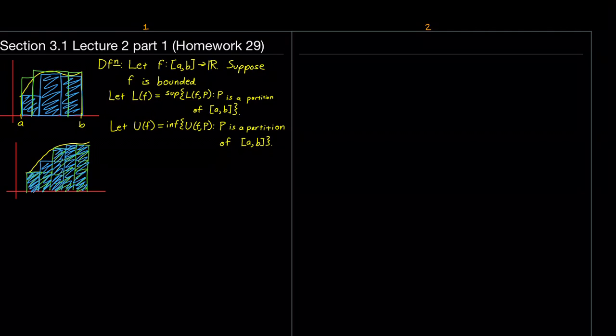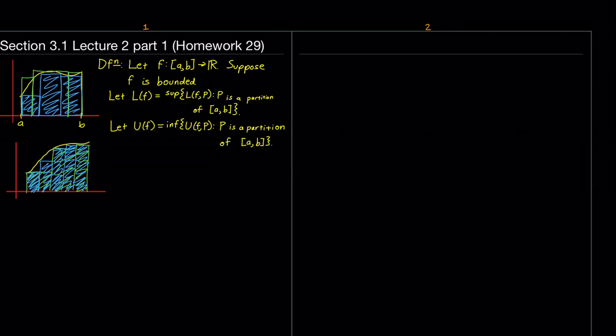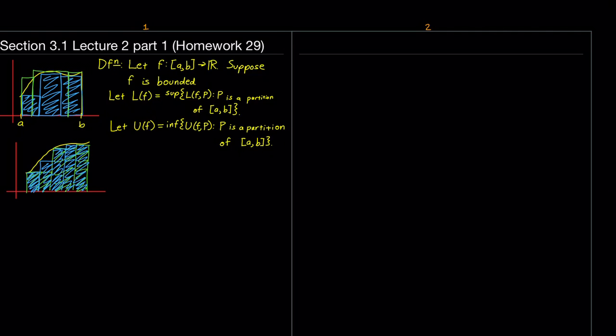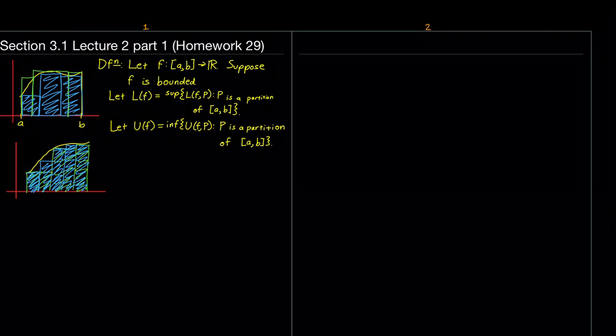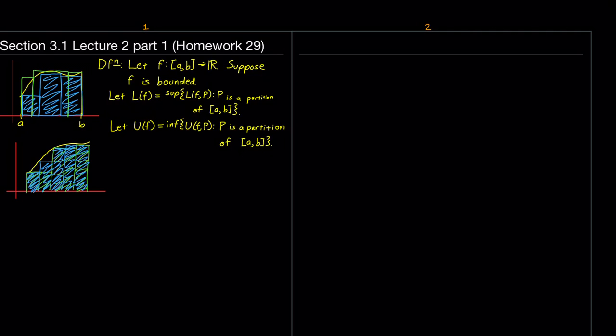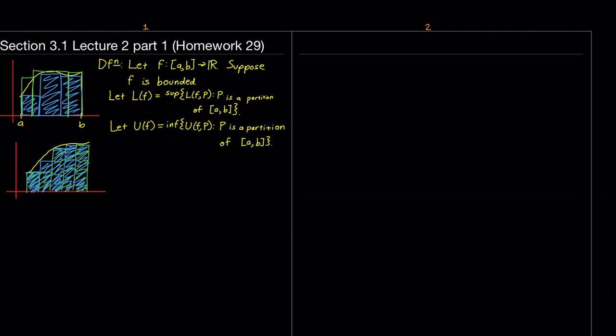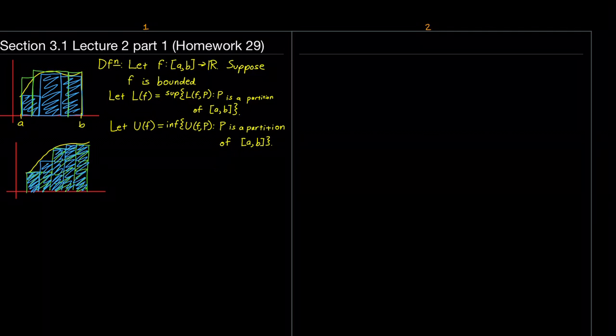And similarly, although the picture is harder to draw, for the upper Darboux sum, if you take a refinement, you're only going to get less area. So the supremum of the lower Darboux sums gets you closer and closer to the full area under the curve. The infimum of the upper Darboux sums also gets you closer and closer to the full area under the curve.